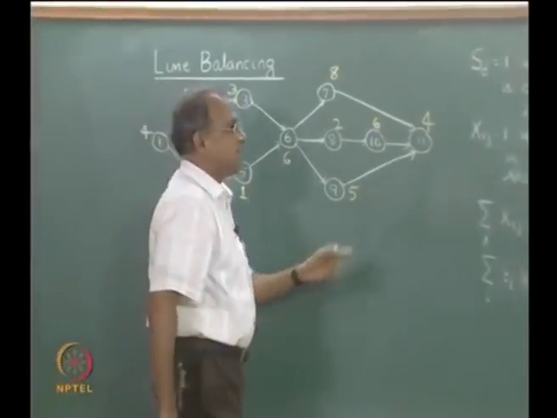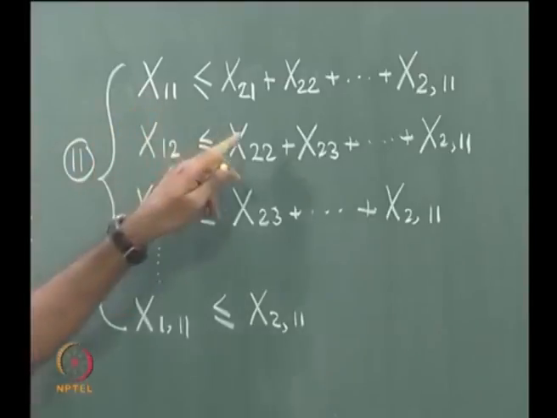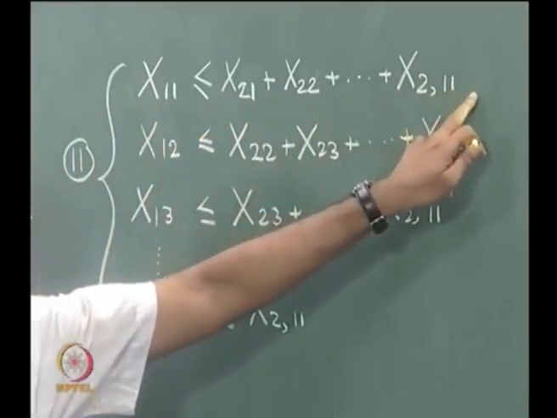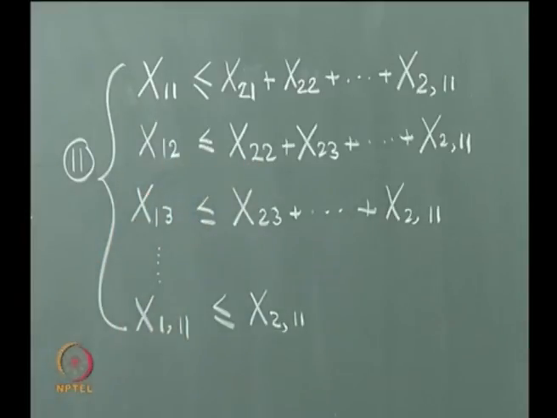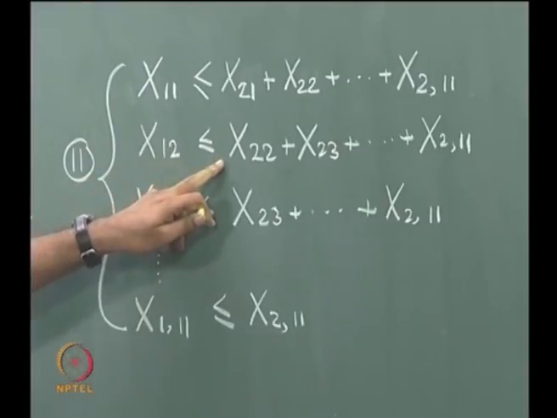So if 1 is assigned to workstation 1, then 2 can be assigned to 1, 2 up to 11. But if 1 is assigned to workstation 2, then 2 can be assigned only to 2 up to 11. So we cannot have an x21 assignment there.